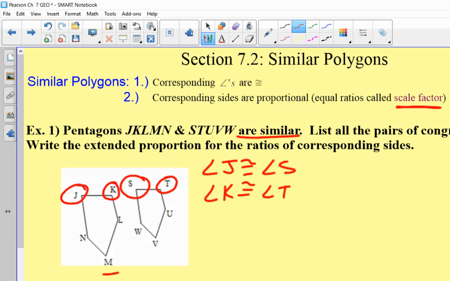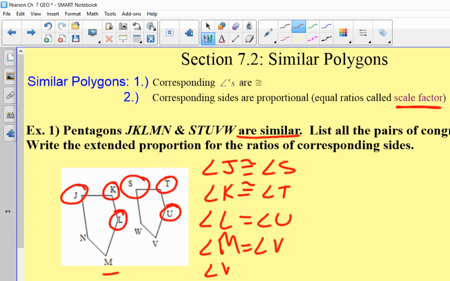Doesn't matter where I start. Okay. L is going to be congruent to angle U. Angle V, M is congruent to angle B. Angle W is congruent to angle N. Okay, so we hit all 5 angles, and the corresponding angles are congruent. Sorry about my writing today.